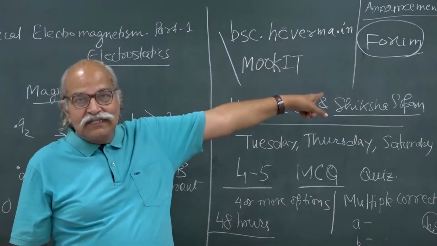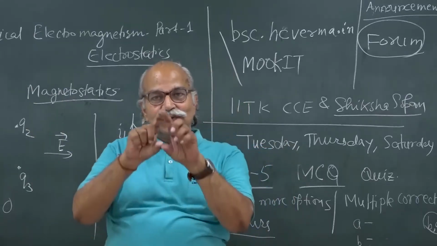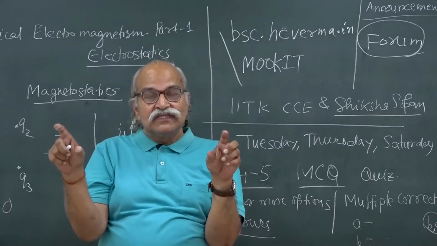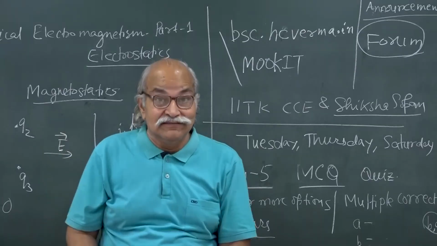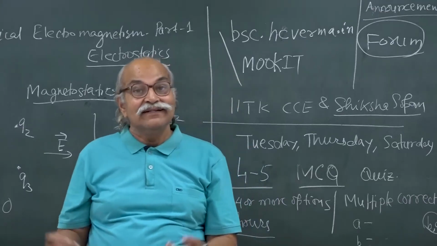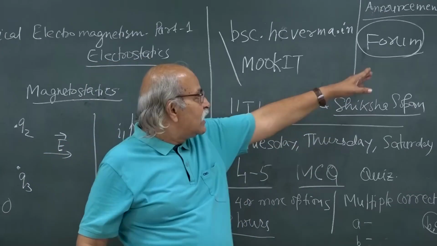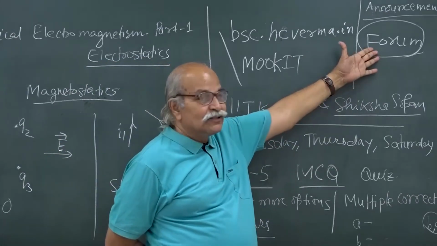Once you go to this forum, then there is a window where you can type your question, and this question will be visible to everyone who logs in, all your fellow students, all your fellow participants, and the instructors like me. We can look at your questions.